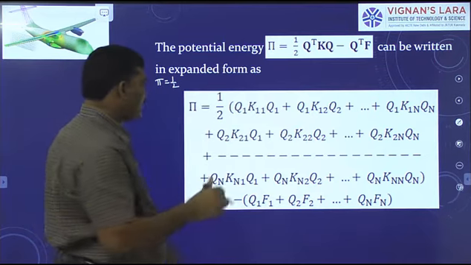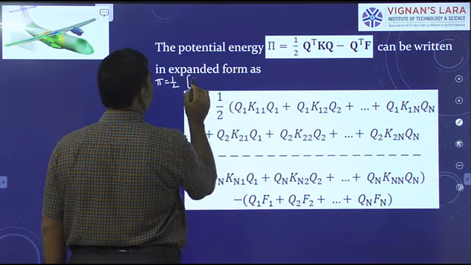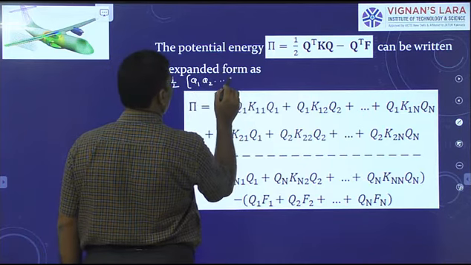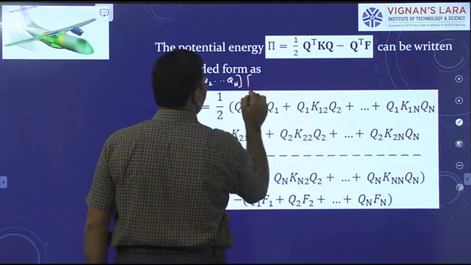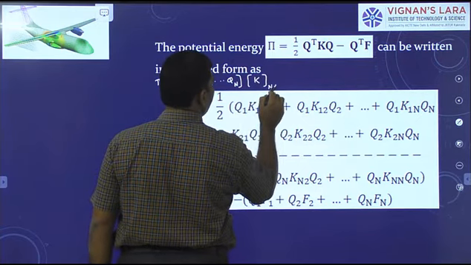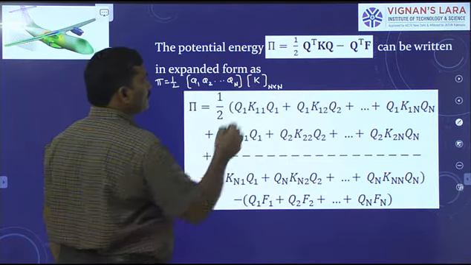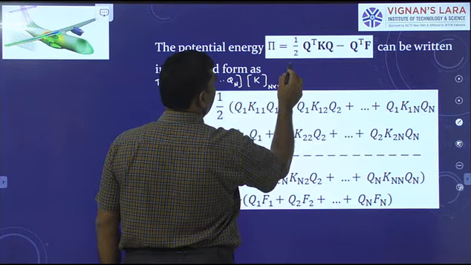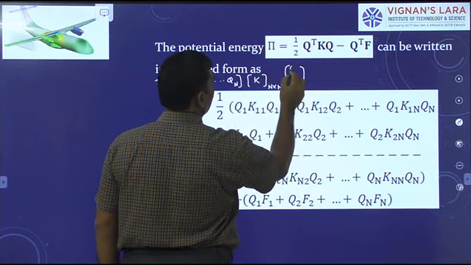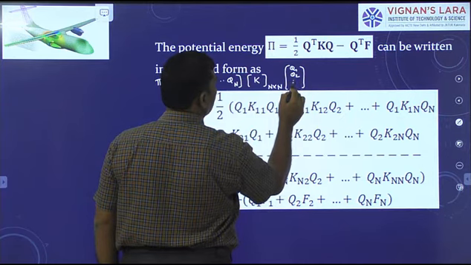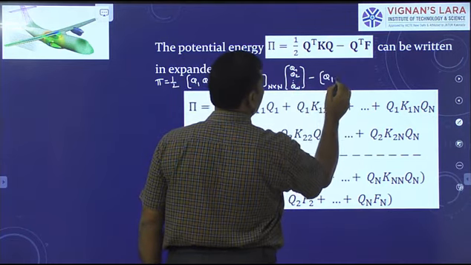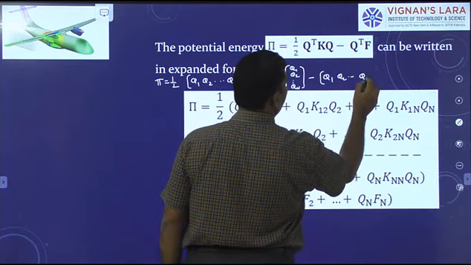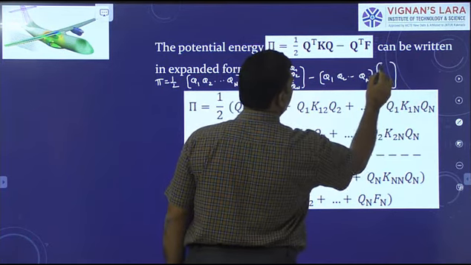It is a row matrix with elements Q1, Q2, Q3 and so on, Qn, into capital K, a matrix of size n by n, into a column matrix Q1, Q2, Q3, Q4 and so on, Qn, minus again Q transpose, a row matrix having the elements Q1, Q2, Q3 and so on, Qn, into a column matrix having the elements F1, F2, F3 and so on, Fn.